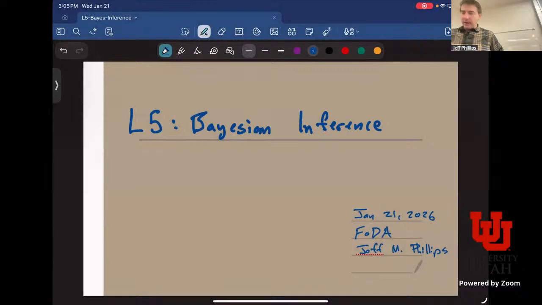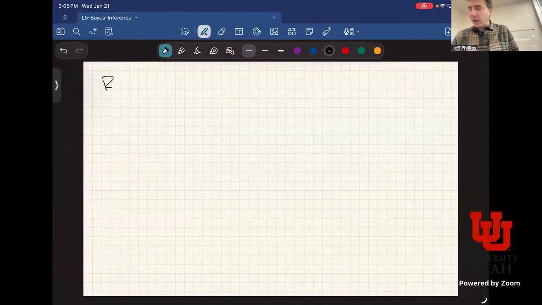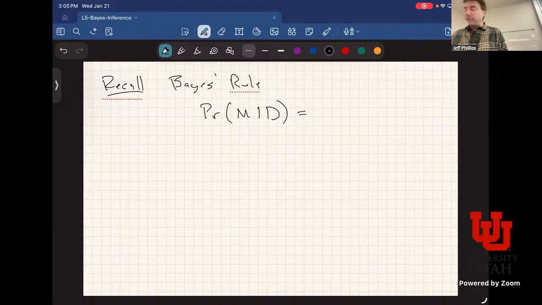Okay, so talking about Bayesian inference. Let's start by recalling Bayes' rule. That is the probability of a model given data, or of an event M given knowledge of event D. Because we observe data, we know what the data is, we want to find a score for a model.